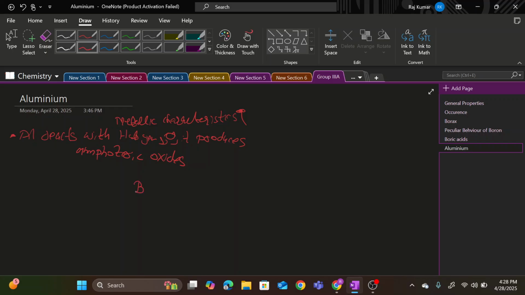Also, another important fact: boron oxide is also amphoteric. Boron oxide and aluminum oxide are amphoteric oxides, while indium, gallium, and thallium produce basic oxides. This is an important thing.